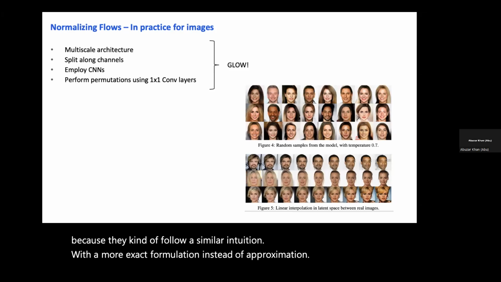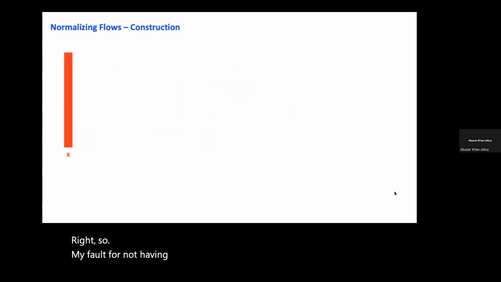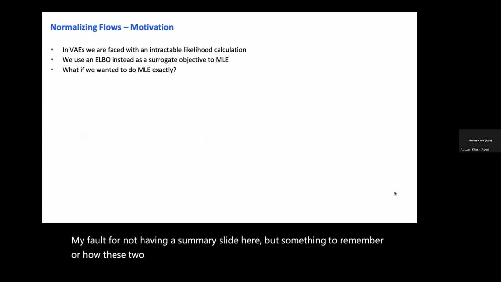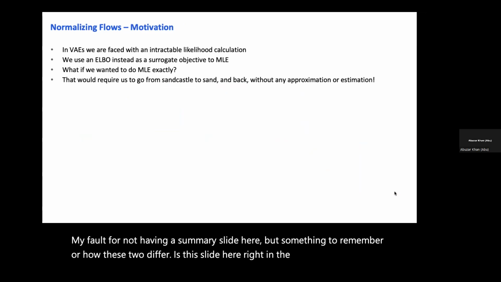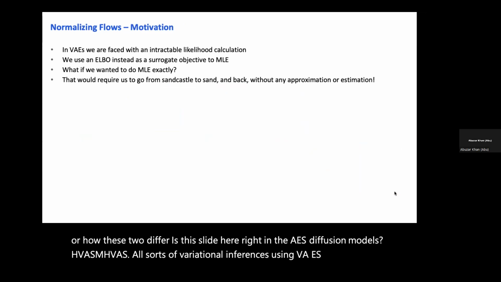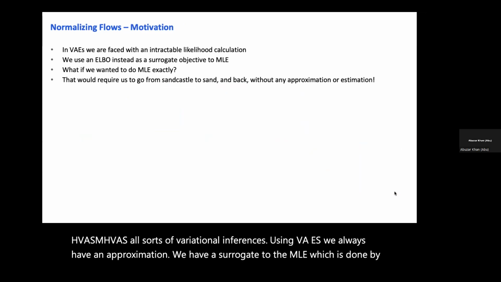My fault for not having a summary slide here, but something to remember about how these two differ is this slide here. In VAEs, diffusion models, HVAEs, MHVAEs, all sorts of variational inference using VAEs, we always have an approximation. We have a surrogate to the MLE, which is done by maximizing the ELBO.